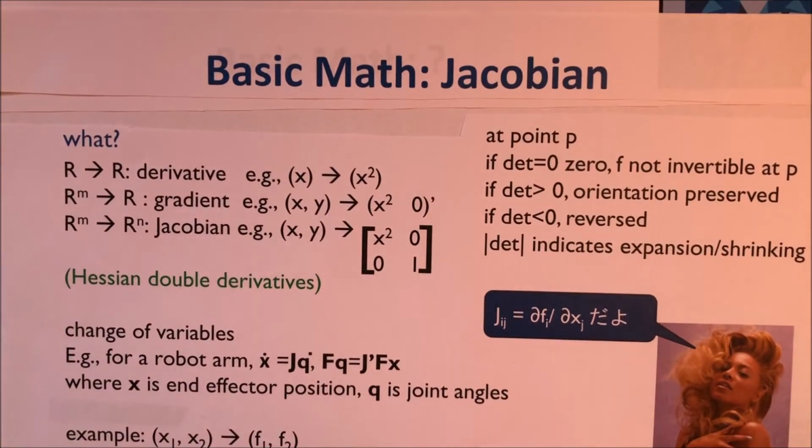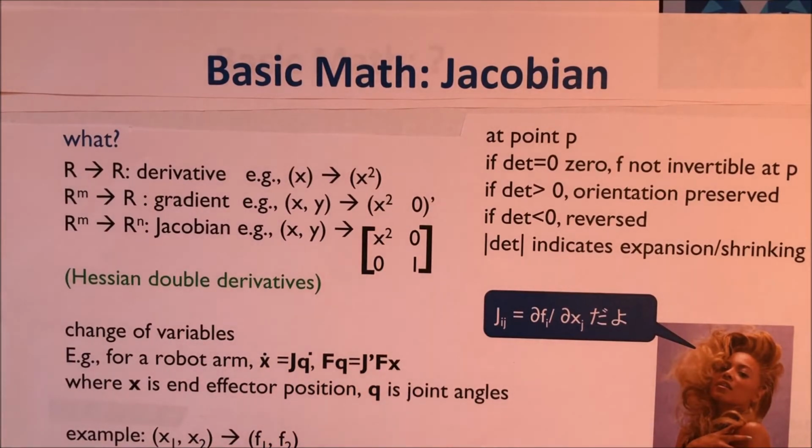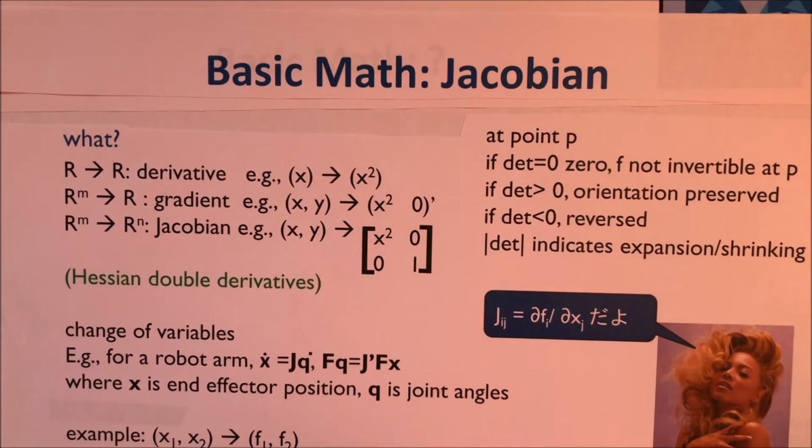It's sort of like a generalization of derivatives and gradients. So for example, here we have something like x squared, where we can take the derivative to get 2x. If we have a gradient, maybe we have sort of like a vector here. And if we have a Jacobian, we'll have a matrix of the partial derivatives.